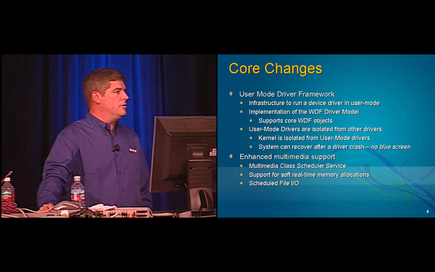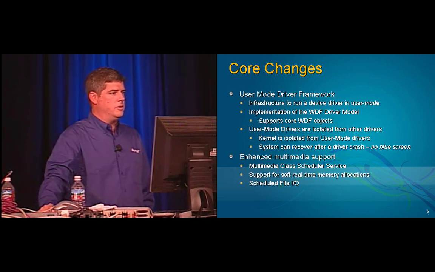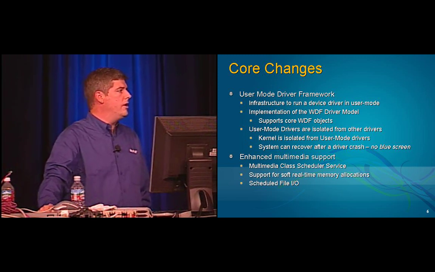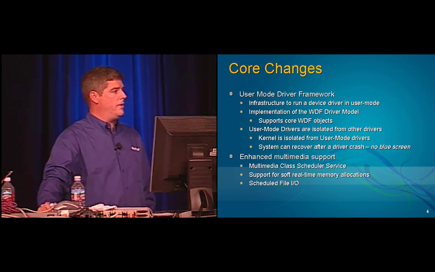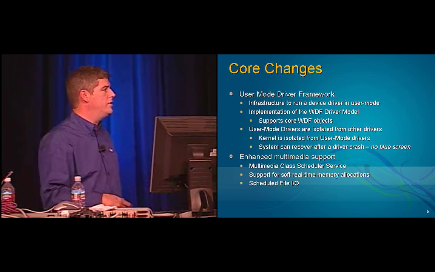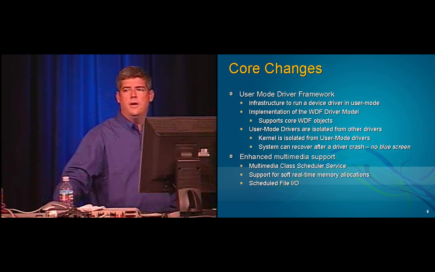By using the scheduled file I/O framework, you can now request that a given I/O or series of I/Os complete in a certain amount of time, and then the system will bend over backwards to make that happen, so that your media framework can now say, okay, I've got my necessary I/O, and I know that it came in the right amount of time, and I don't have to worry about it.